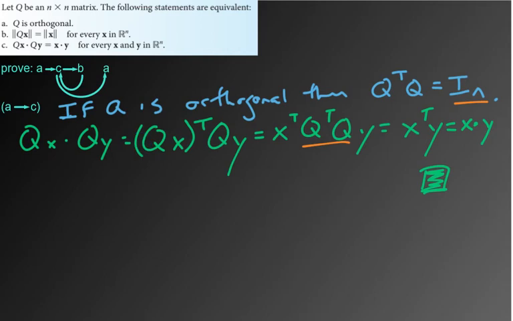If I was writing it up nicely, I would add a few words: the dot product of this, due to duality, can be written as this. Then using socks and shoes, we simplify to this. Then since QTQ is I_n, we simplify to that. And then again we use the duality of the transpose and dot product to get to this. So that proves A implies C.